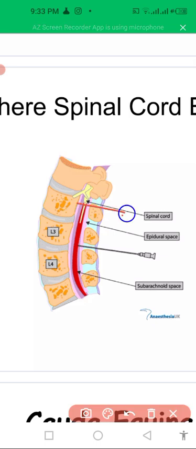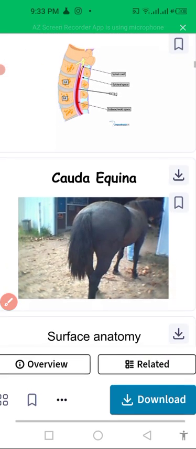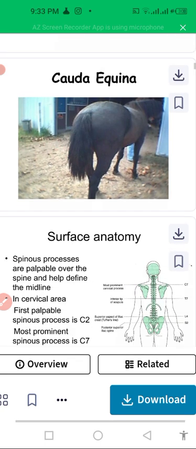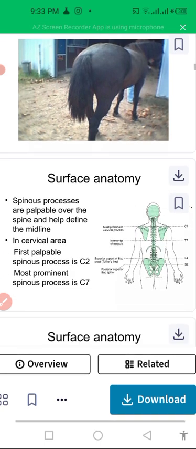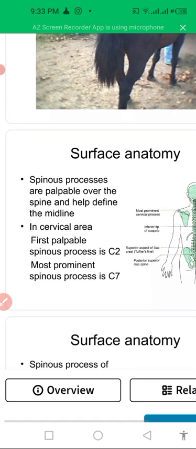You then do the tap in the subarachnoid space at L3-L4 or L4-L5. The ending of the spinal cord is known as the cauda equina, resembling a horse tail. Spinous processes are palpable over the spine and help you define the midline.